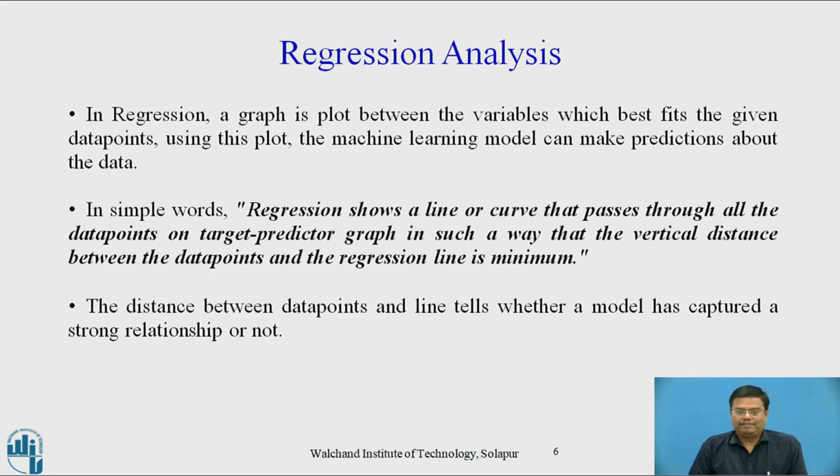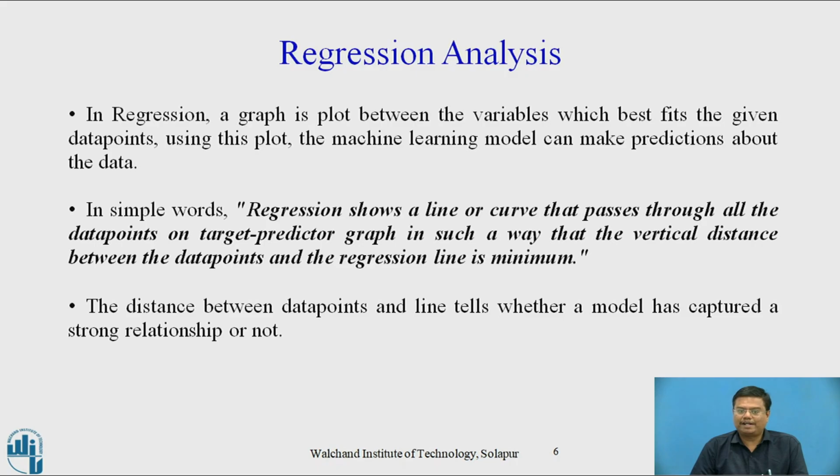In regression, a graph is plotted between the variables which best fits the given data points. Using this plot, the machine learning model can make predictions about the data. So in regression analysis, we are plotting a graph, and from that we are making a machine learning model that is used for prediction about the data.